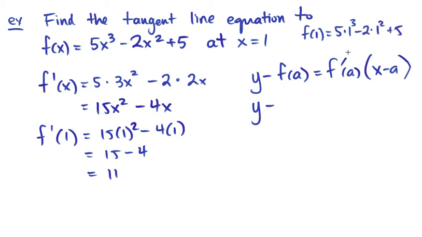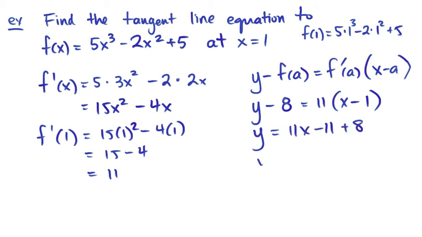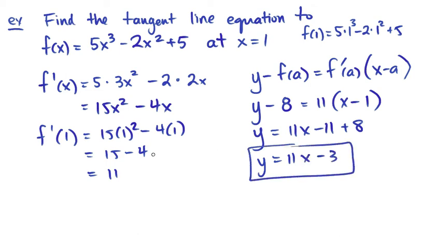So that's 5 minus 2, which is 3, plus 5 is 8. And the slope was 11, and the a value was 1. And solving for y, I get 11x minus 11 plus 8, or y equals 11x minus 3. There it is in slope-intercept form.